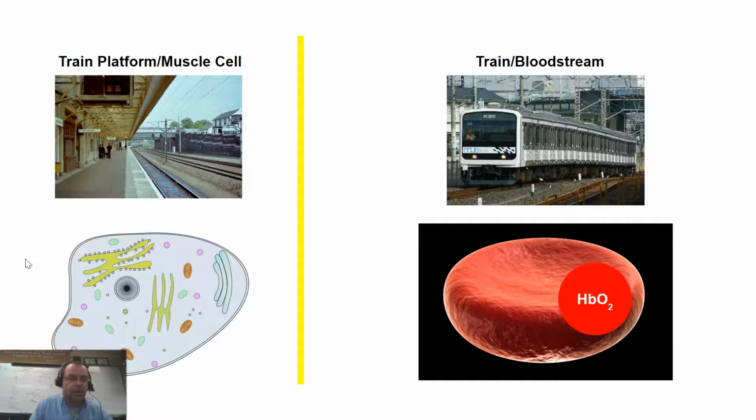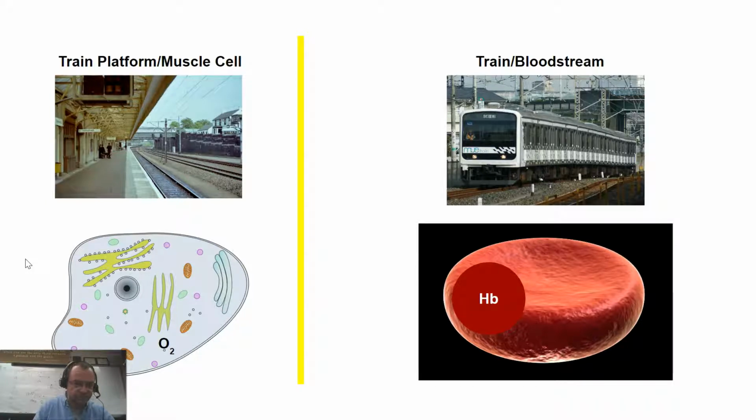The oxygen will separate from the hemoglobin, and the hemoglobin will become dark again. Because there's a higher concentration of oxygen in the red blood cell than in the muscle cell, the oxygen will diffuse down its concentration gradient and enter the muscle cell.